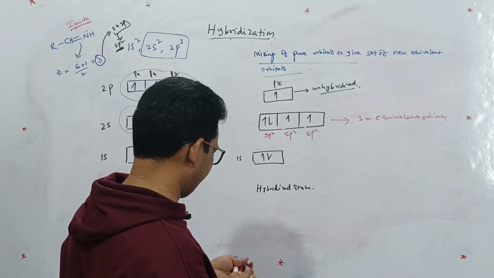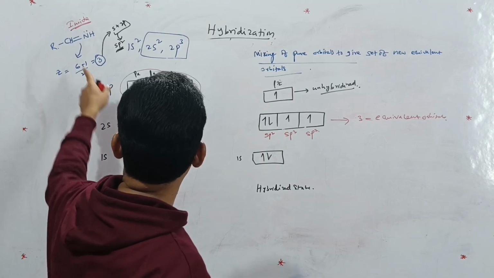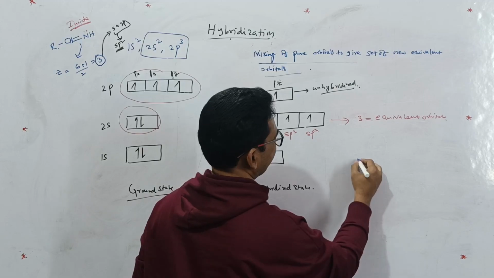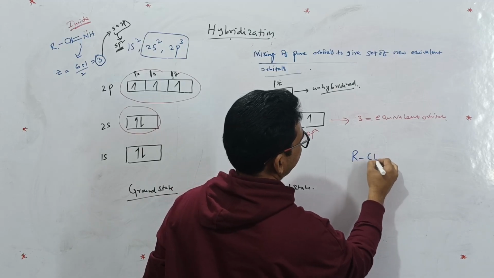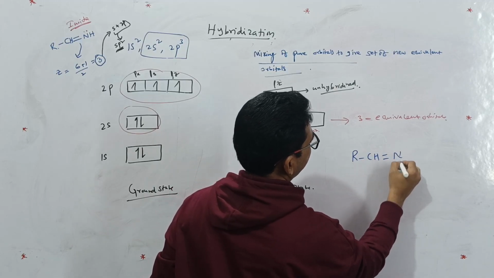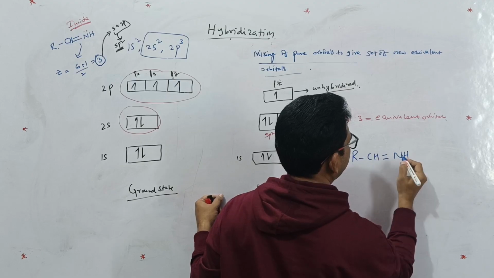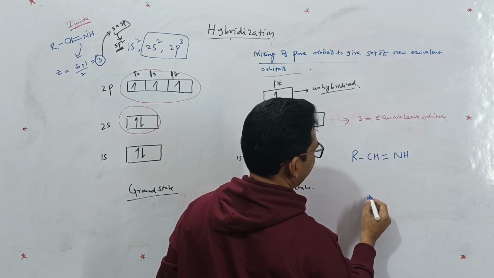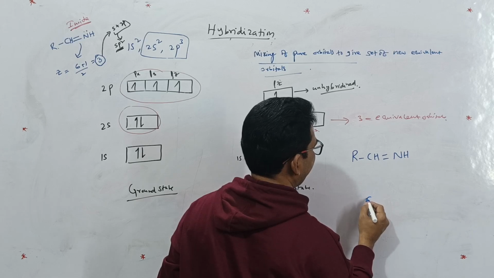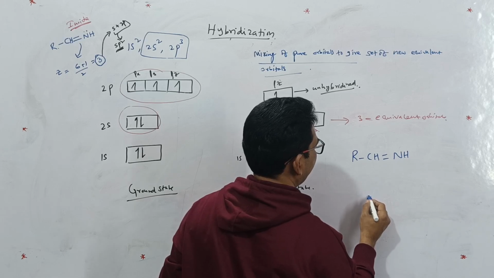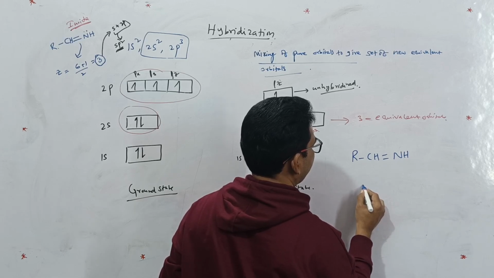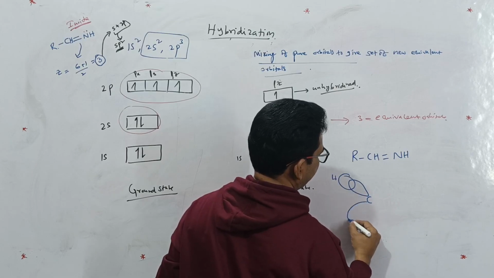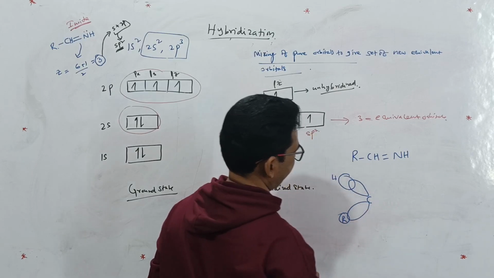Then what will be the structure for this one? How will you think of the structure? That is R-CH double bond NH. Now I can write carbon. It has one hydrogen, and another one is the R group, the alkyl group.